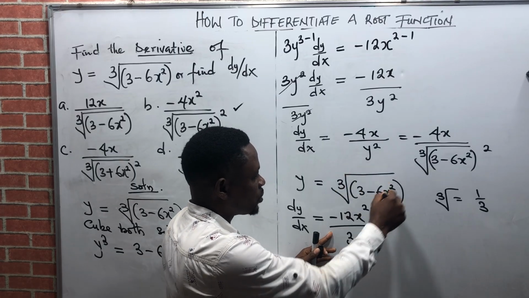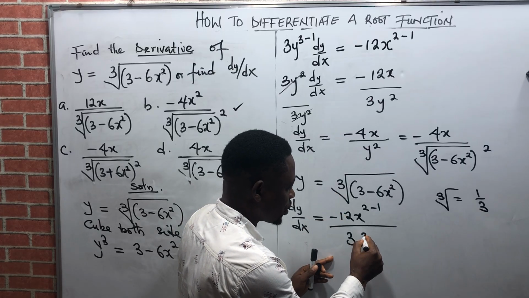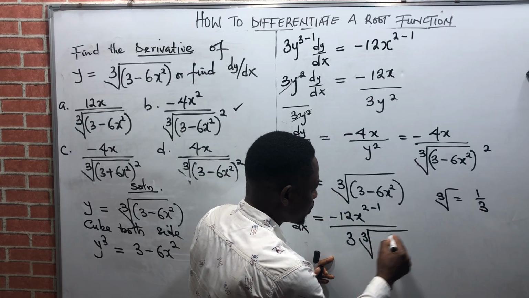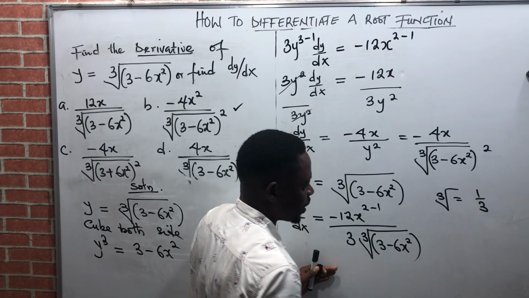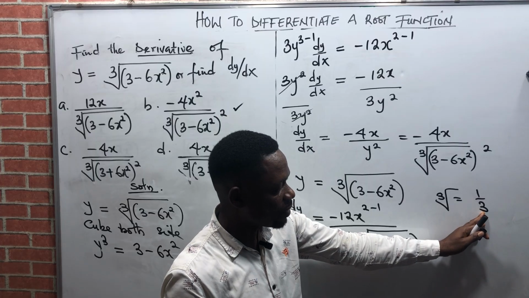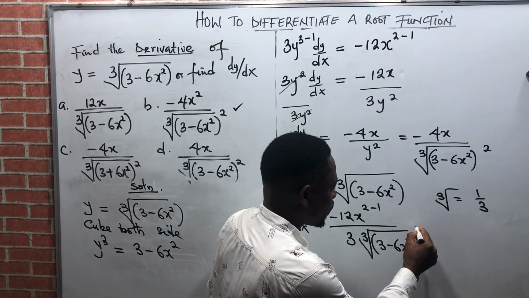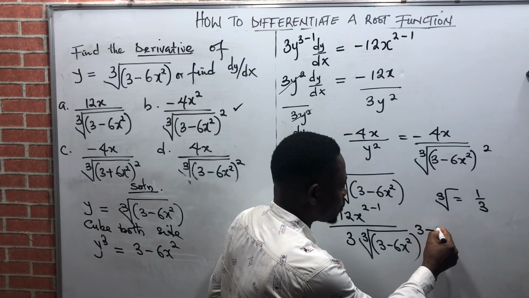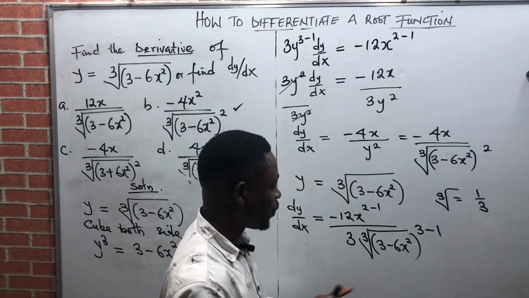The next thing is to repeat the question. The question is cube root of 3 minus 6x, all squared. Then don't forget that we still have the denominator, which is 3. Are you there now? I will now put 3, then introduce minus 1, from the general formula.